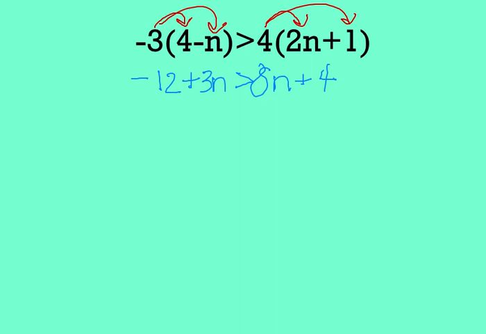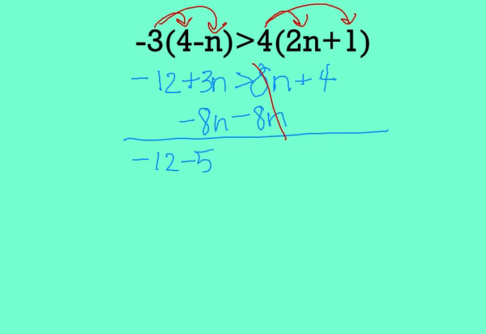So since I know that I really want the n's to be on the left-hand side when I'm done, I'm going to go ahead and subtract 8n from both sides. So when I do that, these on the right-hand side are going to cancel out. So I can say that negative 12, 3n minus 8n would be negative 5n, is greater than positive 4.